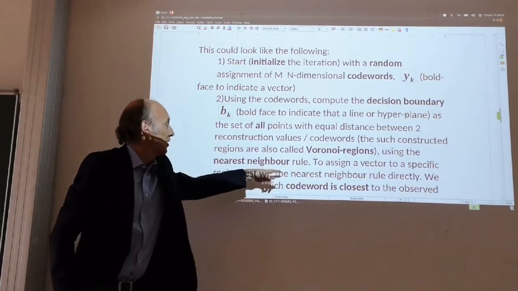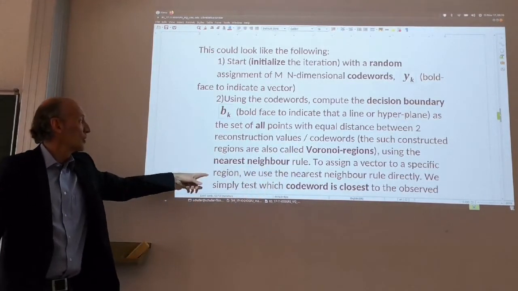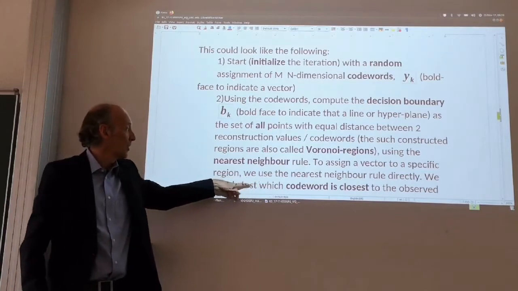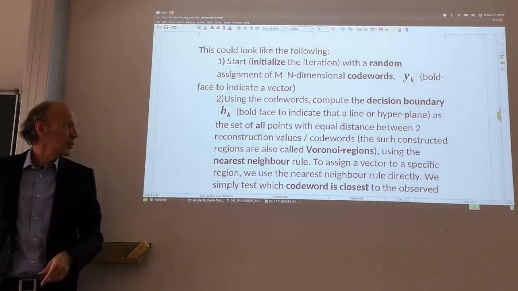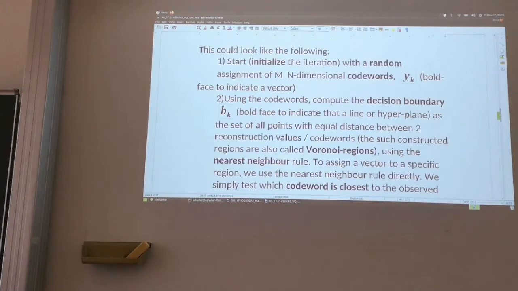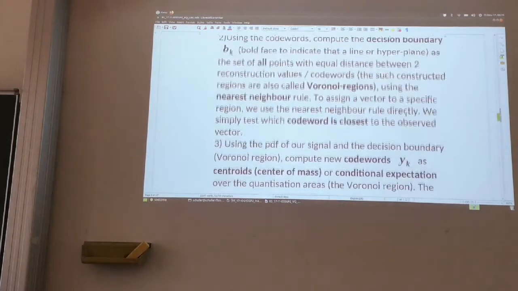To assign a vector to a specific region, we use the nearest neighbor rule directly. We simply test which code word is closest to the observed vector.